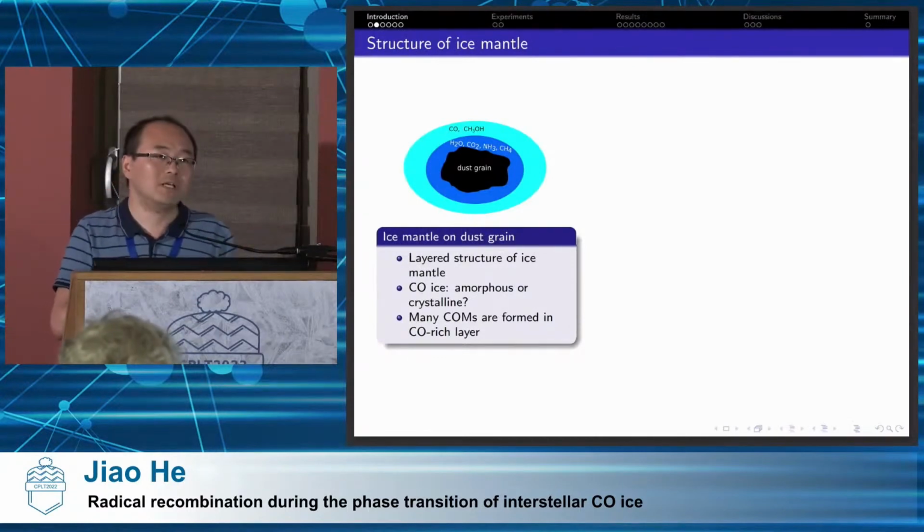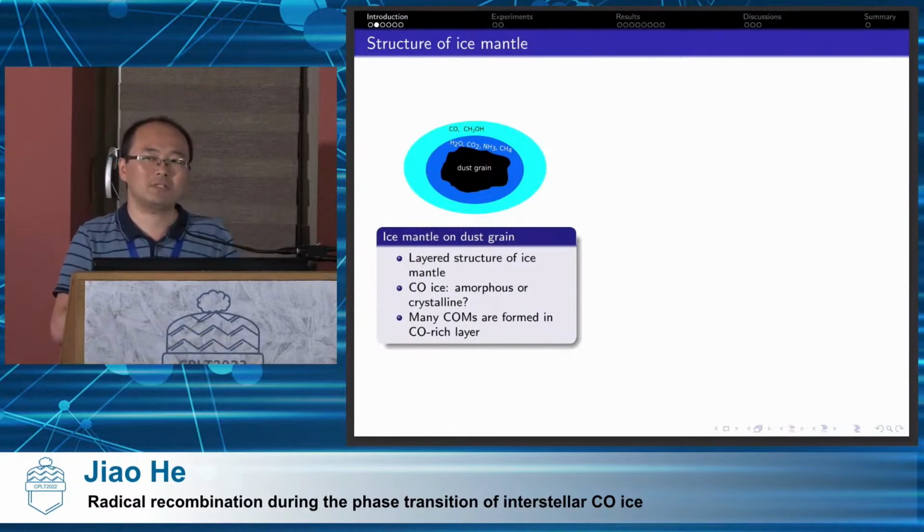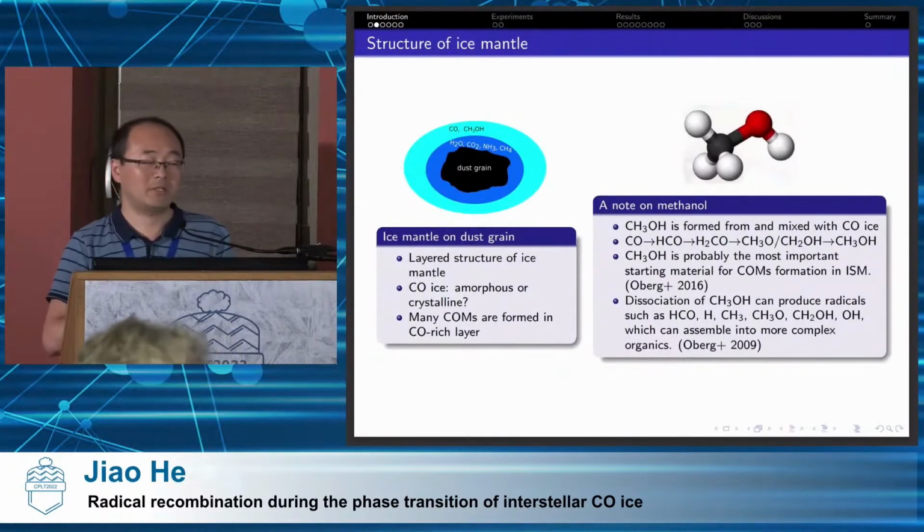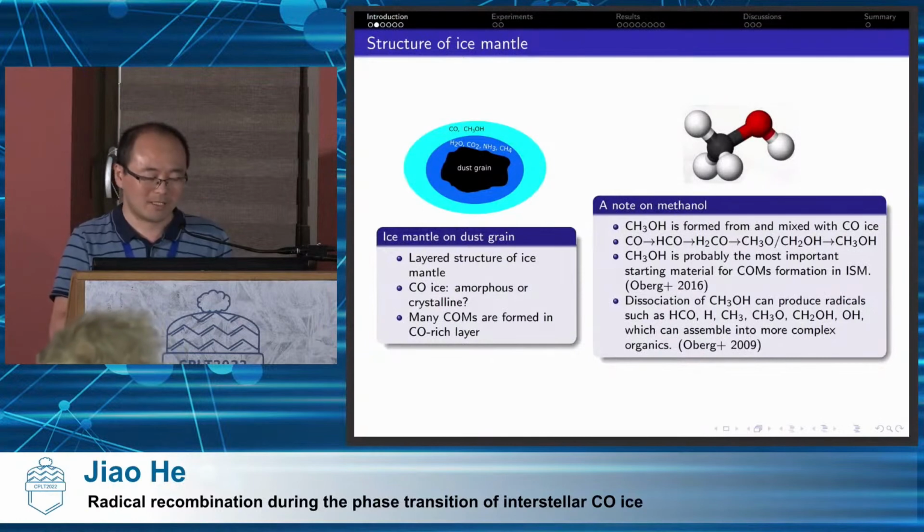It's already known that the CO-rich layer is probably the most important place to form COMs. Methanol is particularly important. So it is the simplest and the most abundant COM in space.